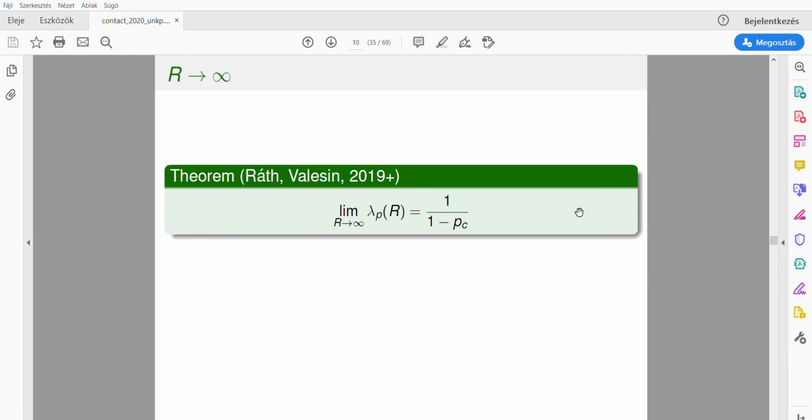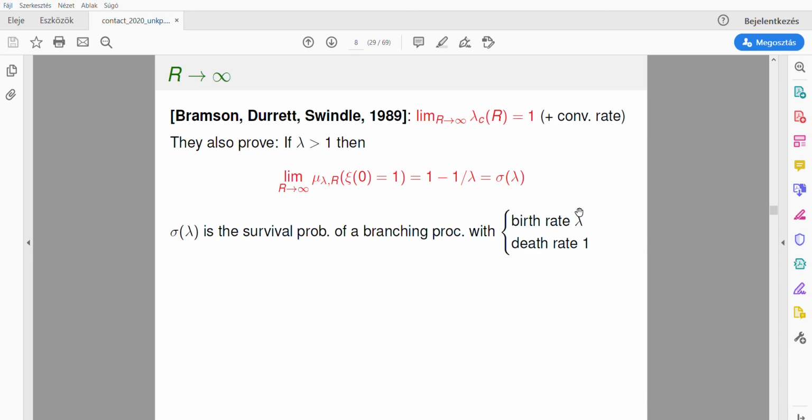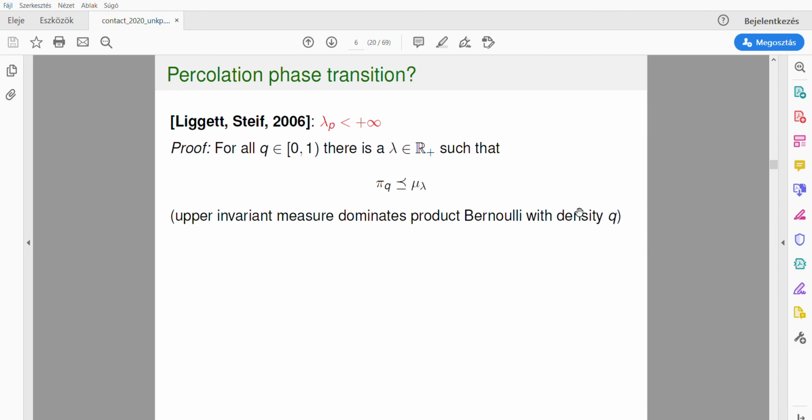And here's another remark on how we prove this theorem. If you remember, Liggett and Steif proved their result using stochastic domination. What they did was they globally dominated, well, not really dominated, but minorated the upper invariant measure with a Bernoulli measure.